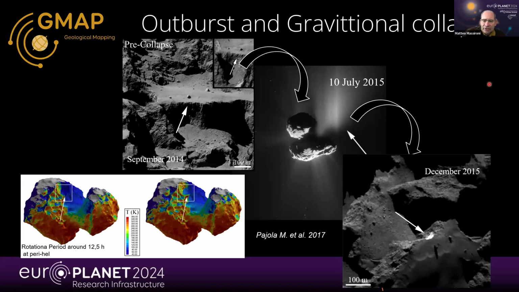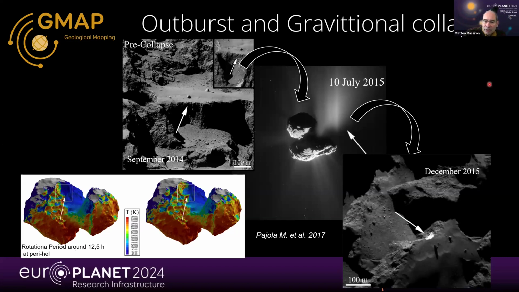Here you see three images: one in 2014, before the perihelion passage, then in 2015 during the perihelion passage, in July, and then December, soon after the perihelion passage. And you see that in July, we had an outburst coming from the big lobe.